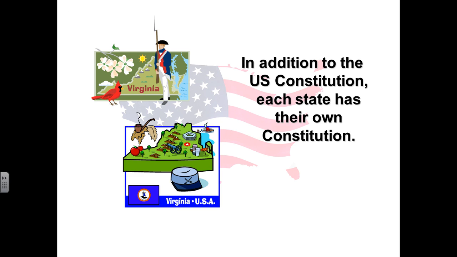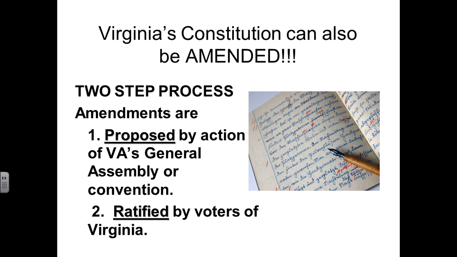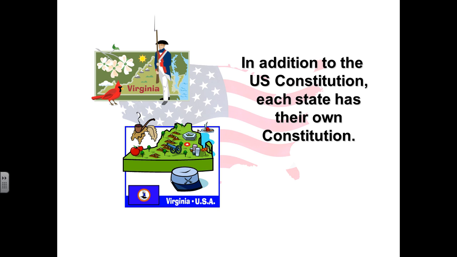In addition to the U.S. Constitution, each state has their own constitution. Virginia's Constitution can also be amended. Remember, when we talk about federalism, we live under 2 governments, and each of those has its own constitution that defines the structure of the state government.